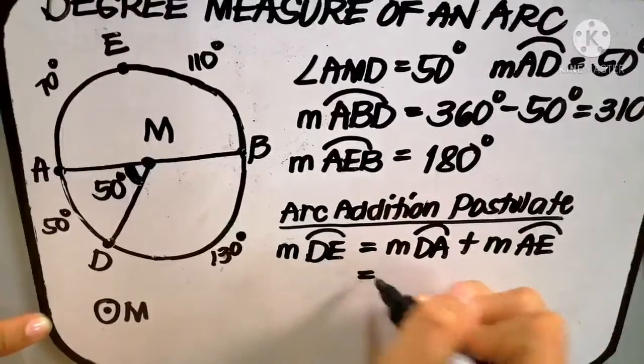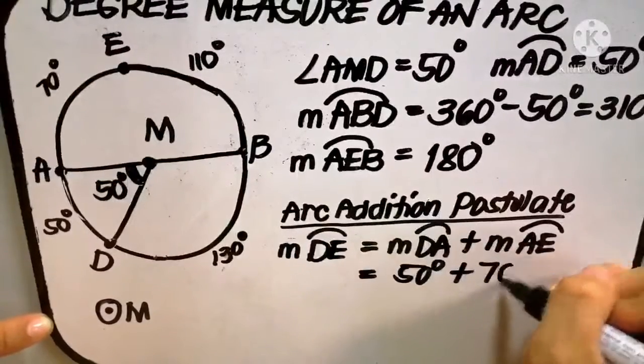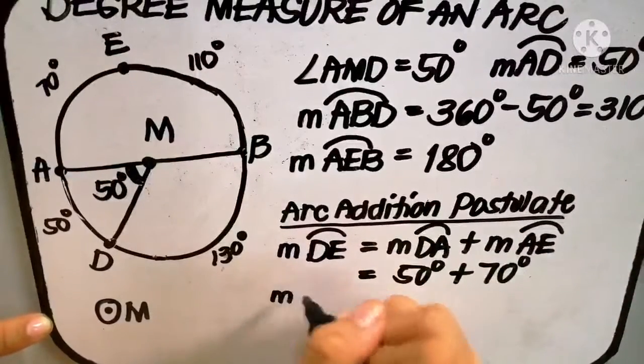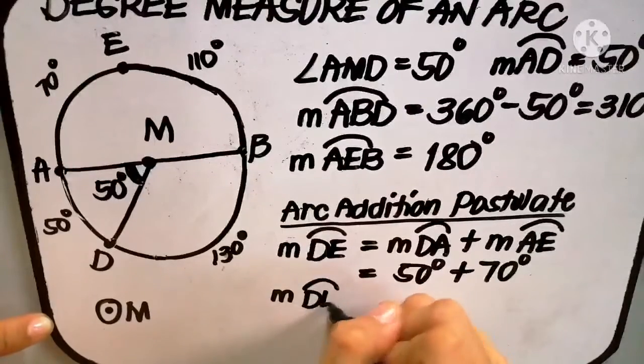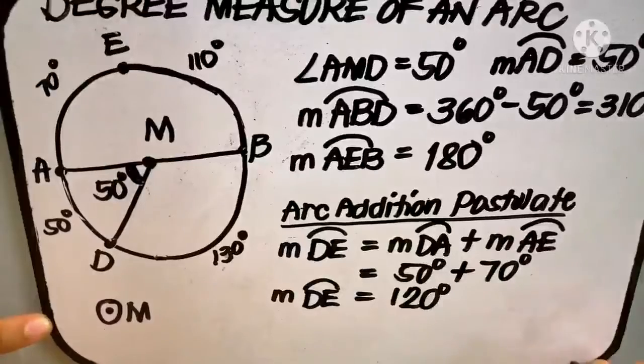That is 50 degrees plus 70 degrees. Therefore, the measure of arc DE is equal to 120 degrees.